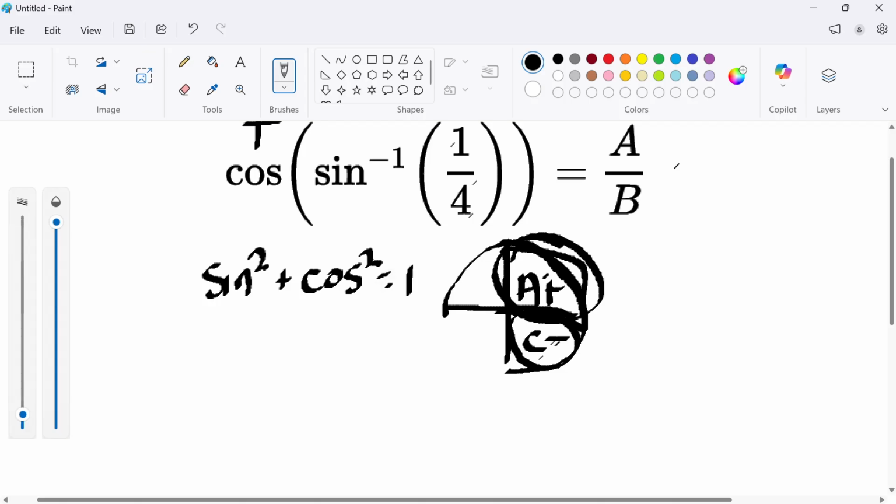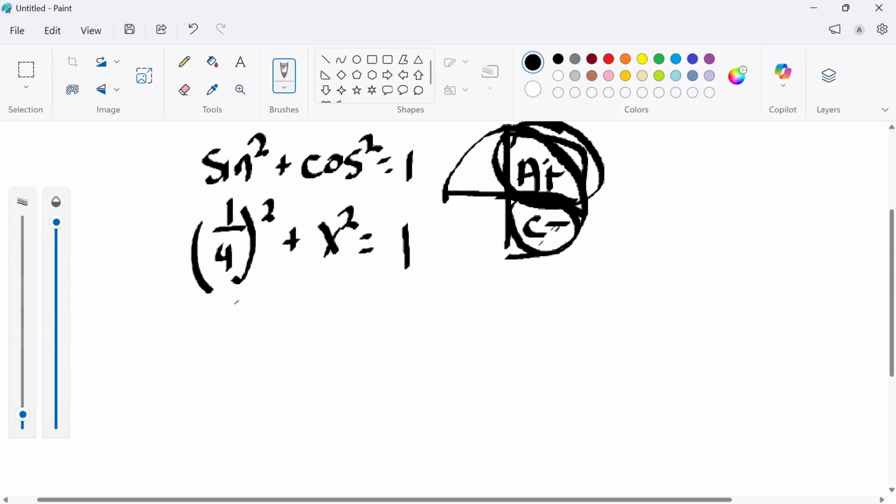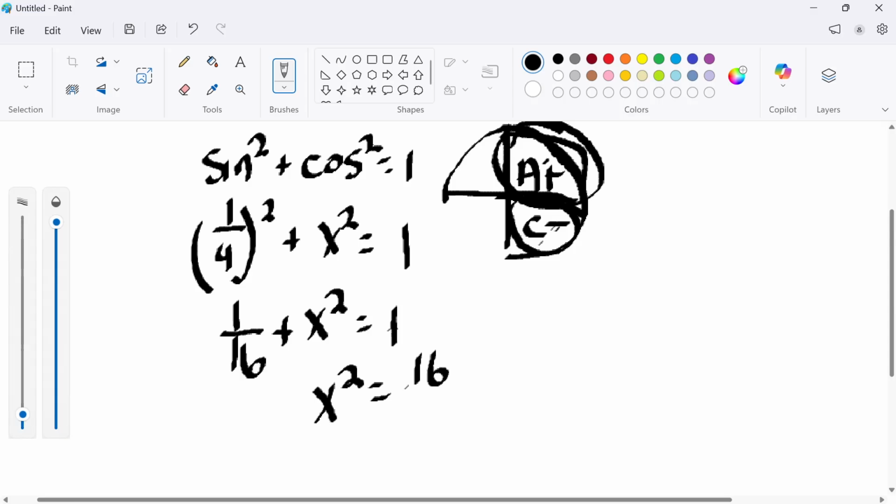So the sine is 1/4, so 1/4 squared plus cosine squared, I'll call x squared, equals 1. 1/4 squared is 1 over 16 plus x squared equals 1. I'm going to subtract 1/16 from both sides. To do that, I'm going to rewrite 1 as 16 over 16. x squared equals 16 over 16 minus 1/16 equals 15 sixteenths.